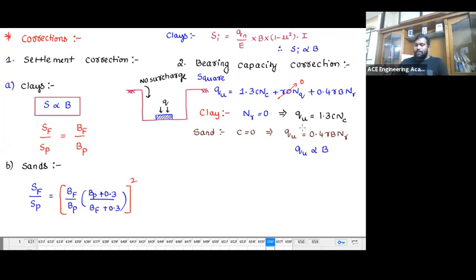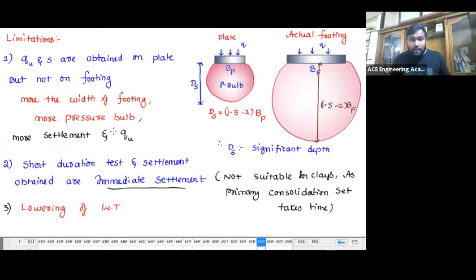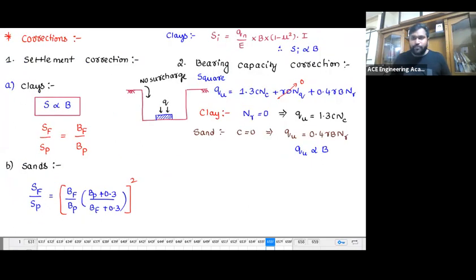Sir, why have you discussed this now? Because when the width changes, as I just mentioned, the ultimate bearing capacity also changes. How, in clays? In clays, qu is independent of width, as simple as that.